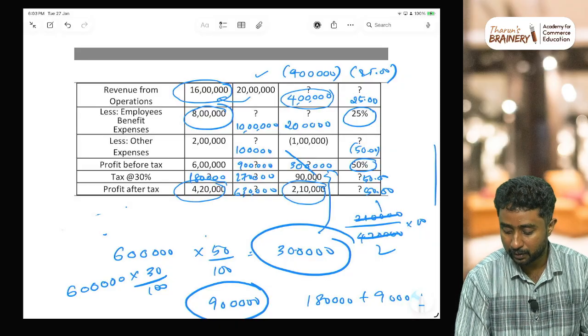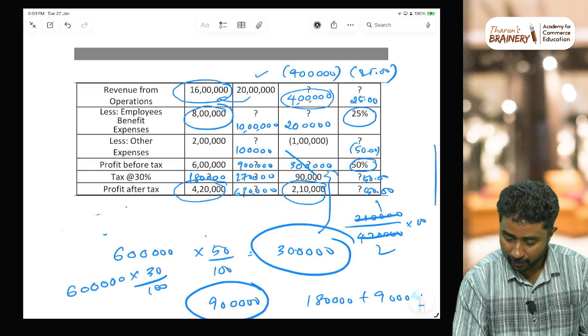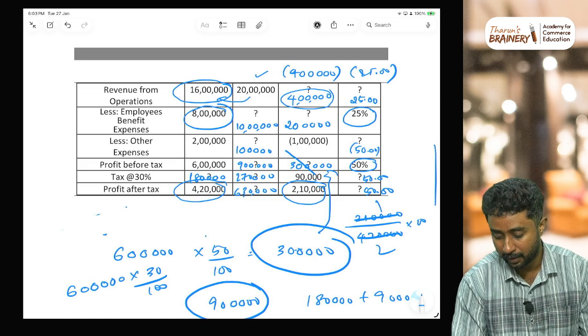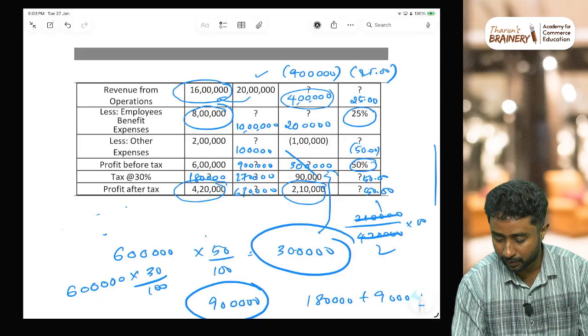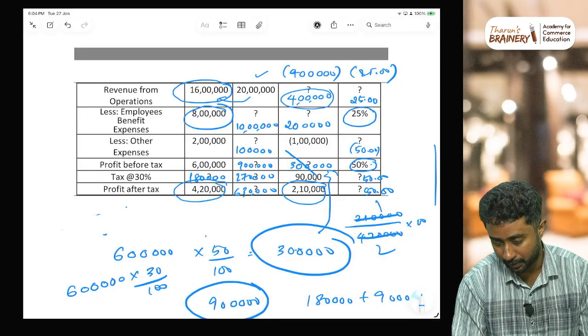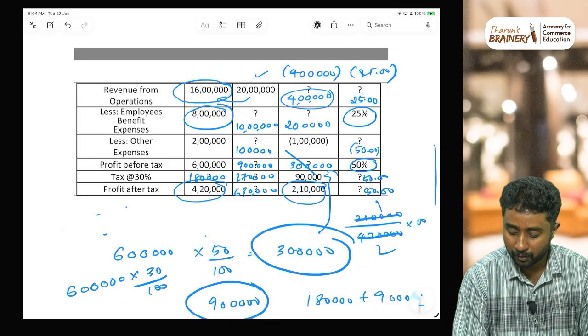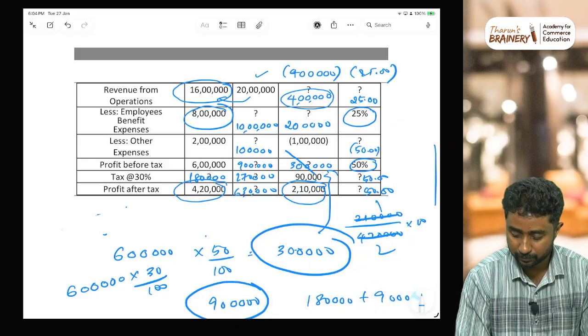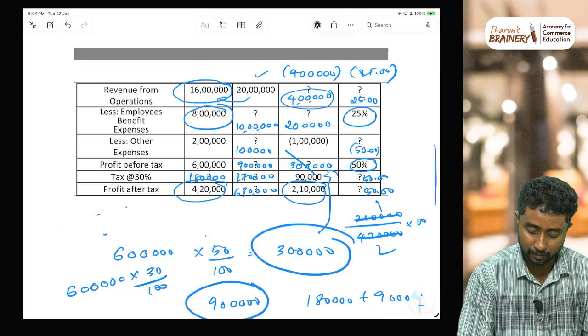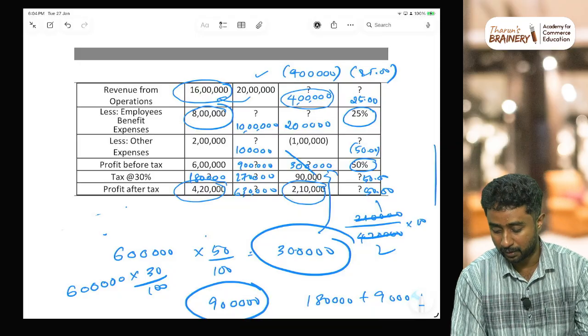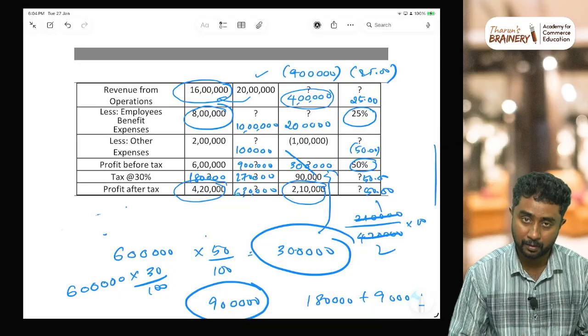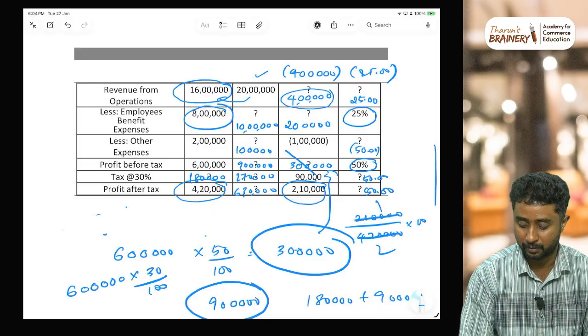For example, the previous absolute change was 3 lakh, here it is 90,000. Last year's value was 50 percentage, now also 50 percentage, so profit after tax is 0. Don't do all these kinds of things. These are some of the mistakes students make, thinking that all the columns have to be done in the same manner. It is not like that.